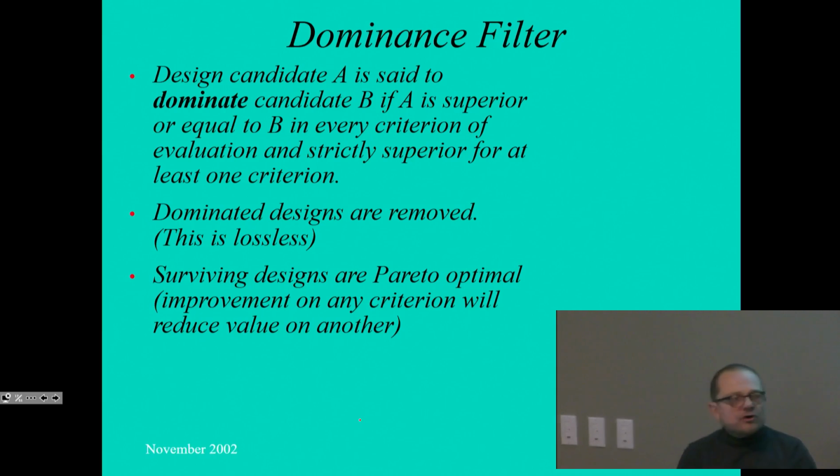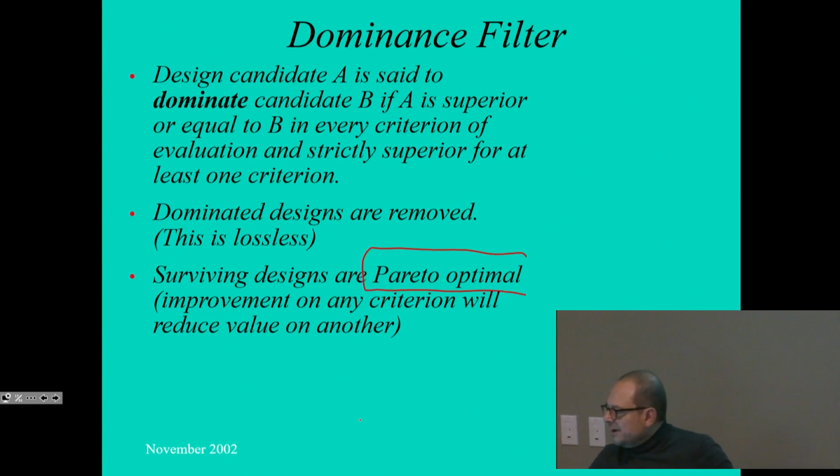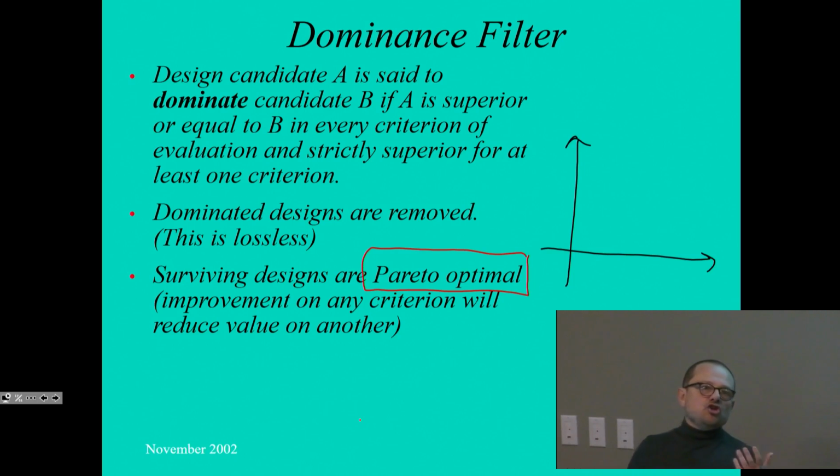And, of course, the surviving designs are Pareto optimal. Pareto optimality, if you have never heard of that expression, is a concept by which you may have two cost function criteria. J1 is one cost, J2 is another cost.